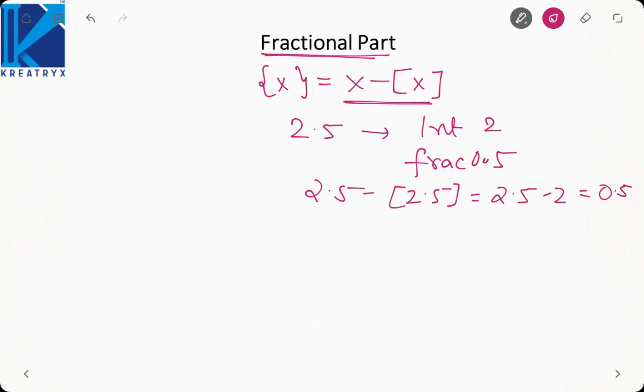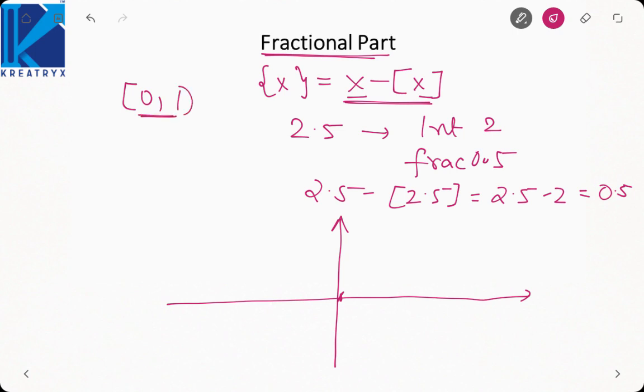So how will the graph look like? Suppose I substitute 0 here, the GIF will also be 0. 0 minus 0 will be 0. As you move higher than 0 but less than 1, that is, if I am lying between 0 and 1, then what will happen? Between 0 and 1, the GIF will remain 0, but x will be represented as x.